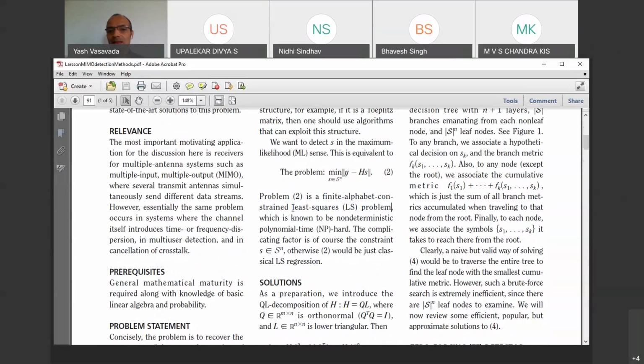And the least squares method that we have studied is not constrained by this finite alphabet aspect of this vector s.